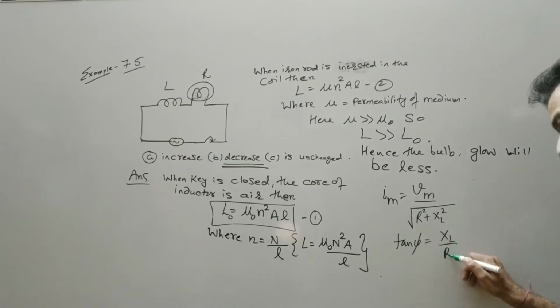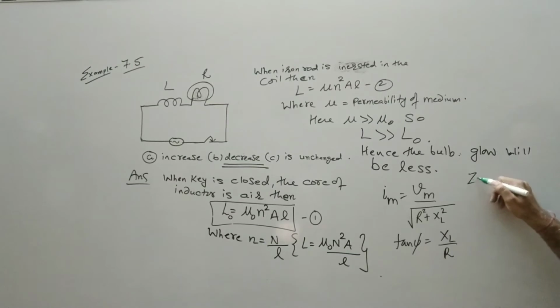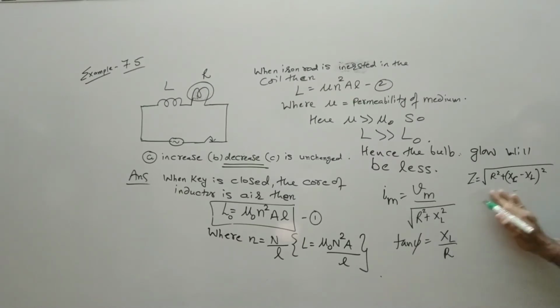XL upon R. So here you have to remember that the impedance for the LCR series circuit was under root R square plus XC minus XL whole square. But there is no capacitor, so XC is equal to 0. So we have this impedance.